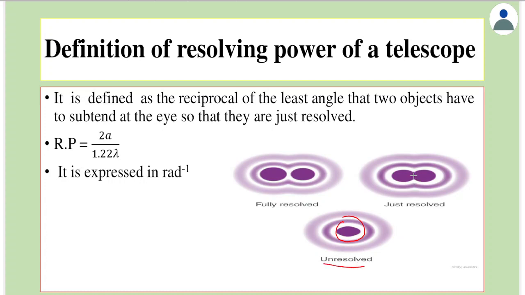Here you can see they are just able to separate, which implies a case where the maxima of one falls on the minimum of the other. It is said to be just resolved. While here, in case of unresolved, we can say the maxima of one falls within the minima of the other, somewhere like this.